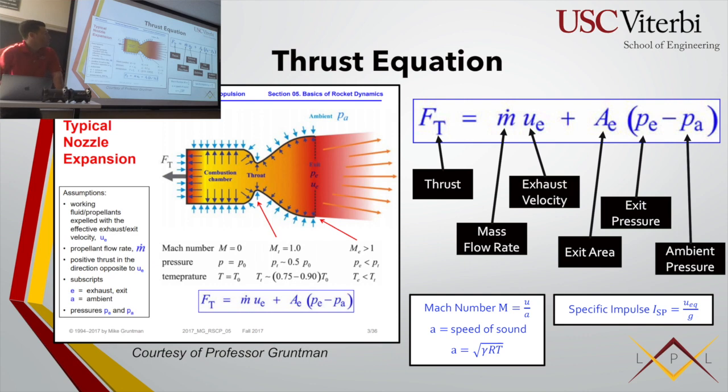You start having losses. Your nozzle will be overexpanded or underexpanded. I do think the thrust will be greater when you go higher, but the efficiency of the whole thing will be lower, but the absolute thrust.